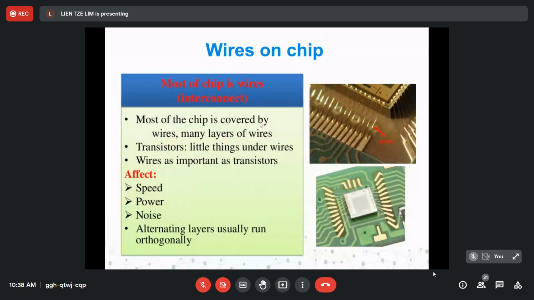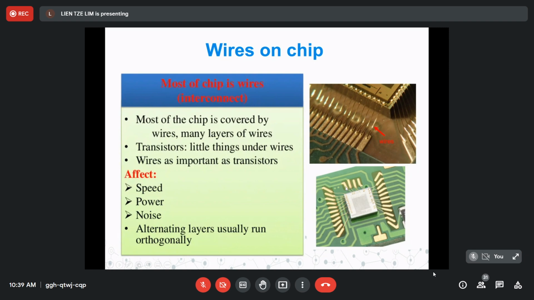As an introduction to this topic, wires on chip. We know the wires can be formed in the form of layers in the physical design of a chip. In the real outlook, this is the figure that you can see, the wires on the chips. This is how the wires look like. You see this is all wire, connecting the chips to the metal layer.